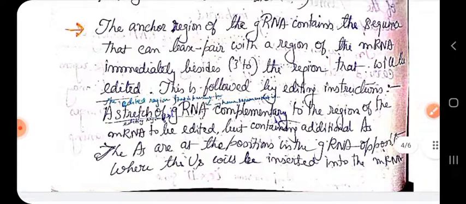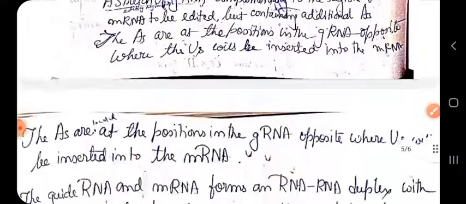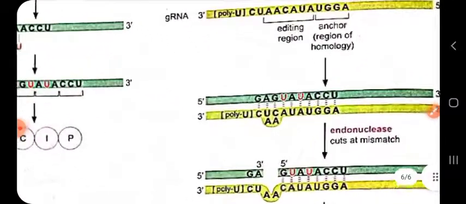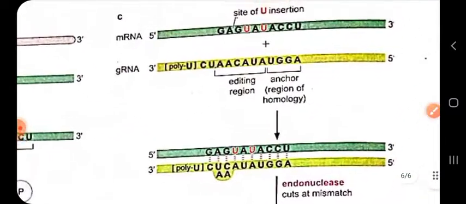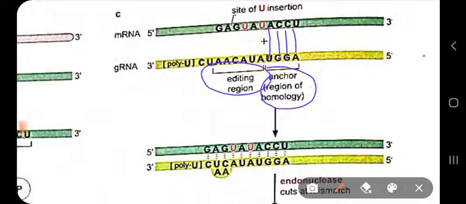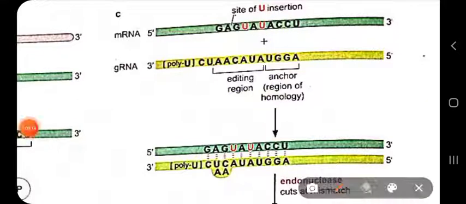So I hope you have understood what I am trying to say. Let us say again. You can see that this is your anchor region where it base pairs with the guide mRNA. The editing region you see. Now if you focus on the editing region, it consists of adenine residues also.